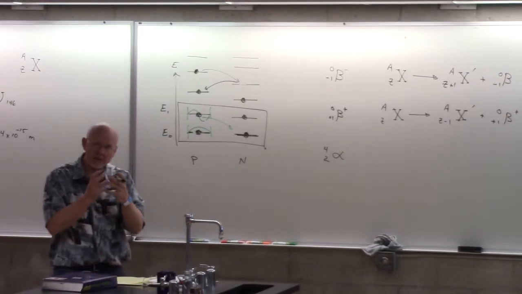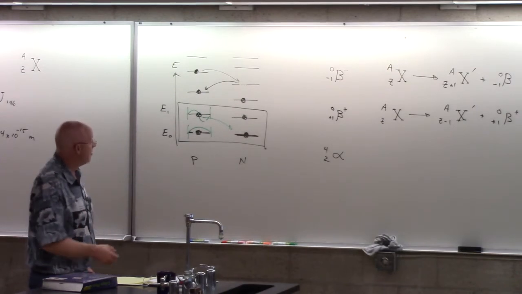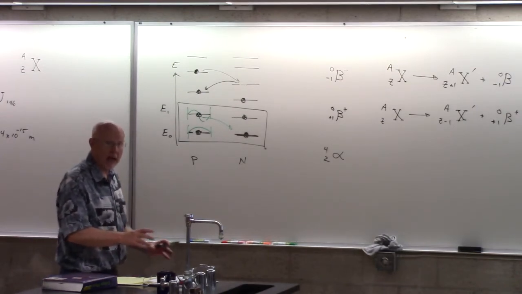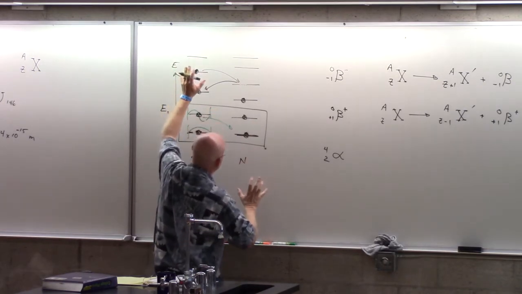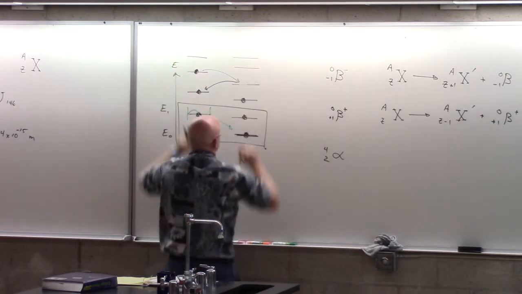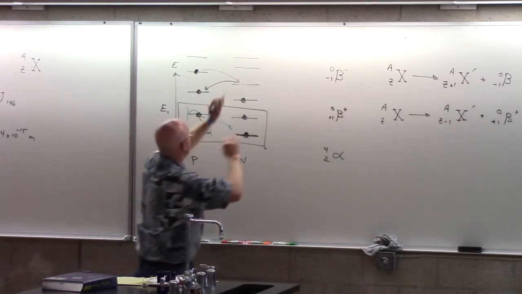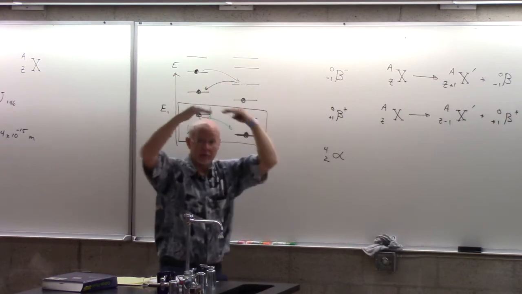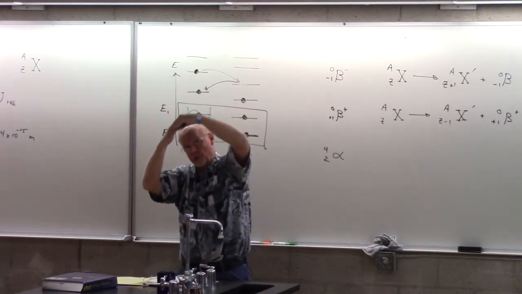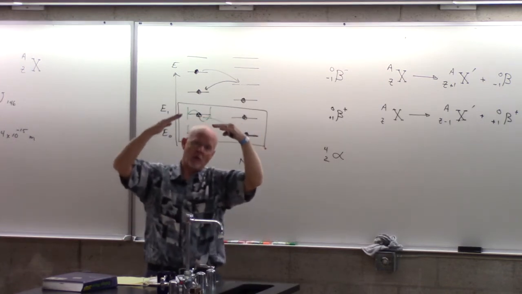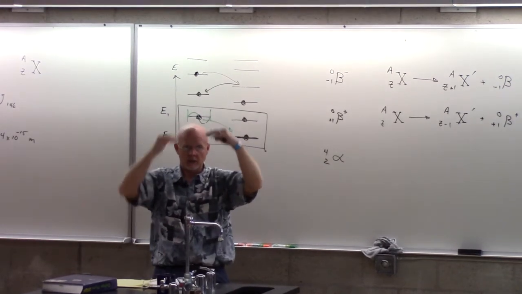They really like to be hooked together. Here's why I say that. Because if you had an atom that had a lot of protons and a lot of neutrons, even if their energy levels were balanced, so in other words, neutrons would not want to go over to protons and protons would not want to go over to neutrons, there's no reason to do that.